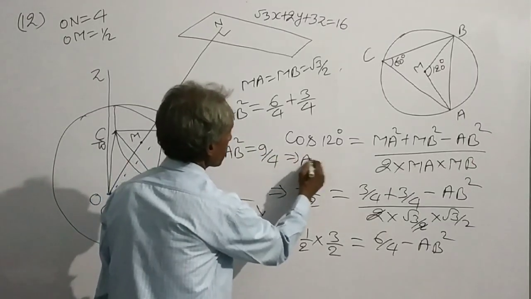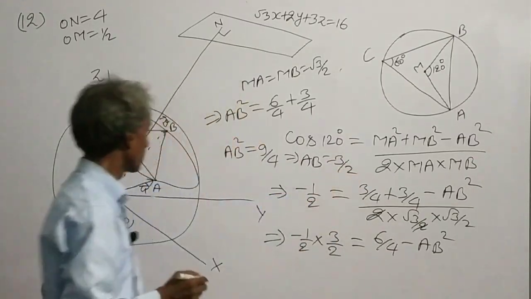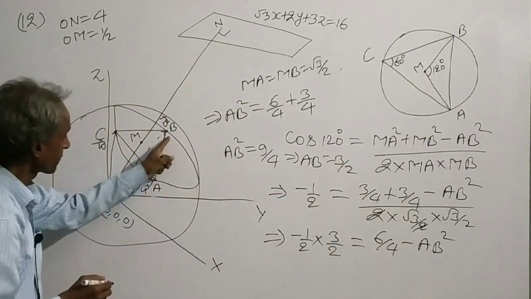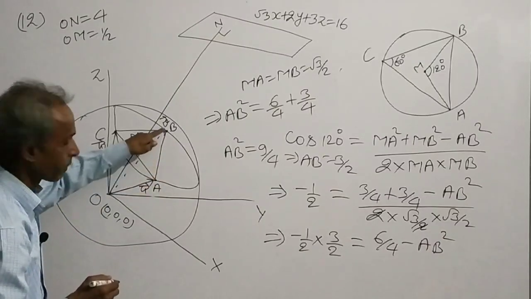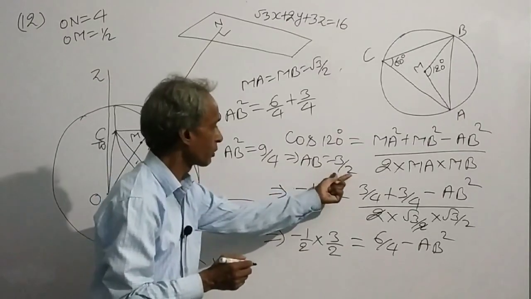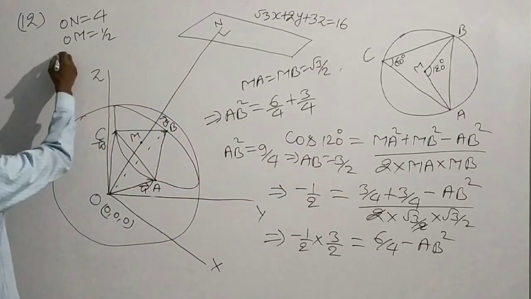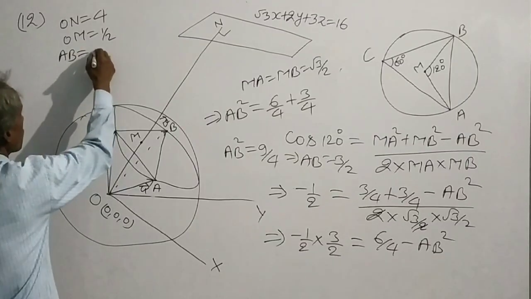This implies AB is equal to 3 by 2. That means the length of each side of this triangle ABC is equal to 3 by 2.